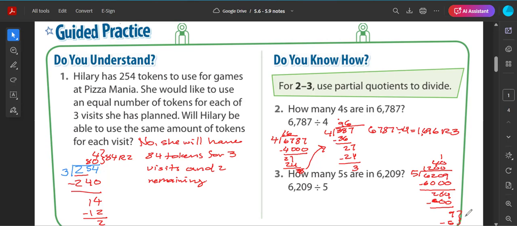And I'll get 4. So now my partial quotients give 1,241 with a remainder of 4. So that's how many times 5 can go into it: 1,241 groups of 5 with a remainder of 4.